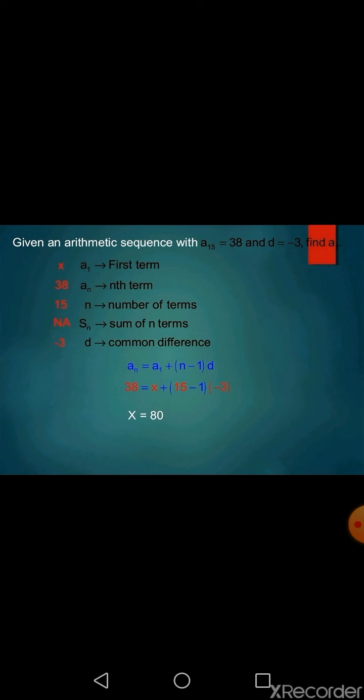So I will solve the equation like a linear equation, so easy to get x equals 80. I will start with the bracket 15 minus 1 equals 14. 14 times negative 3. Then I will send this term to the other side of the equals with the opposite sign to get x equals 80.